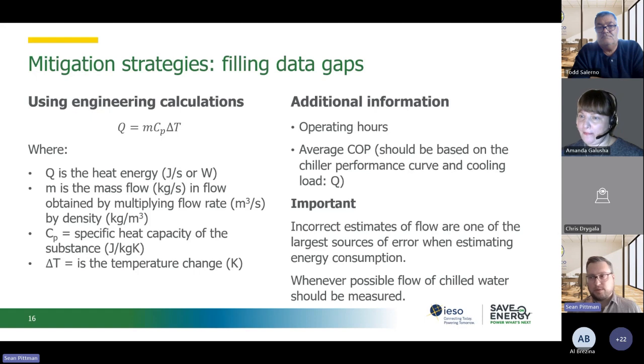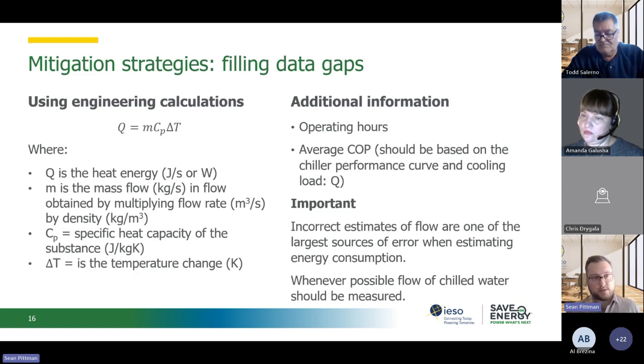It's important here to note that incorrect estimates of flow are one of the largest sources of error when estimating energy consumption. So flow obviously forms part of this Q equals M Cp delta T equation. This equation is often used in determining energy consumption or efficiency of the chiller, and it flows into nearly all of the calculations that you'll do when you're estimating savings.